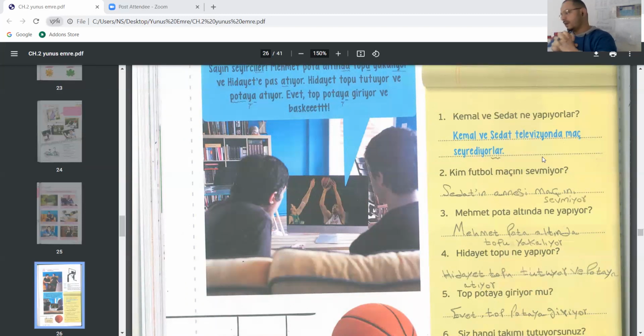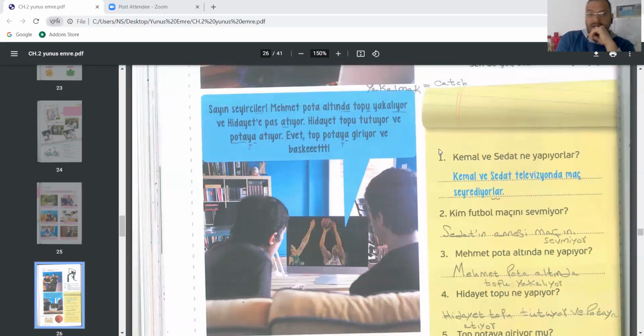That means in Turkish we say desteklemek, support. In English we can say support this team. Okay. Seyretmek is the verb, and seyirci is the noun for who does this verb, but here it's actually the verb seyretmek, and the t is changed to d because of the vowel letter after it.